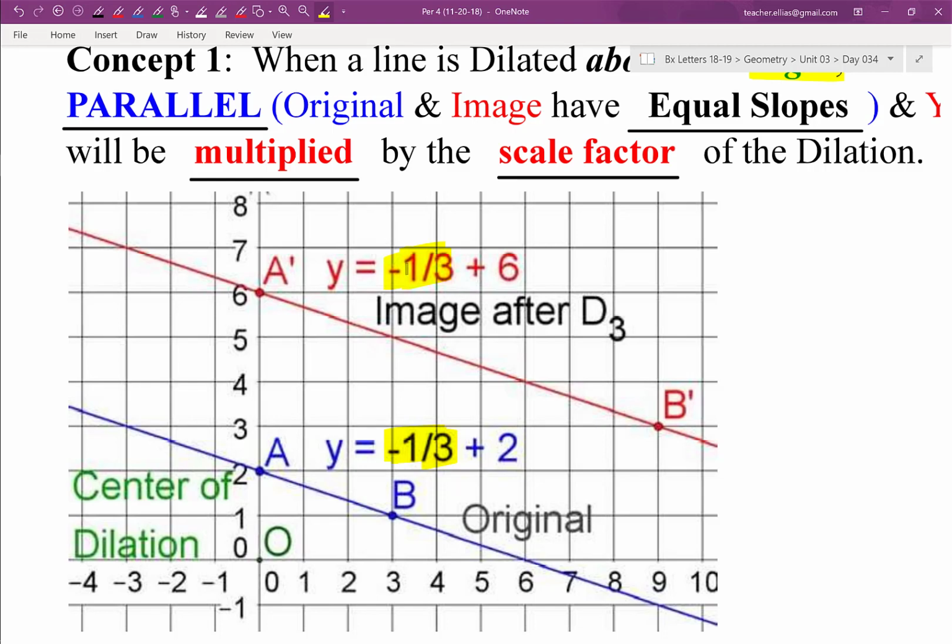In this problem, does the y-intercept change? Yes. How much? Times 3. It went from 2, because 2 times our scale factor of 3 gives us 6. If I made the scale factor 4, where would the y-intercept go? It would go up to 8. This is a dilation at the origin. Okay?